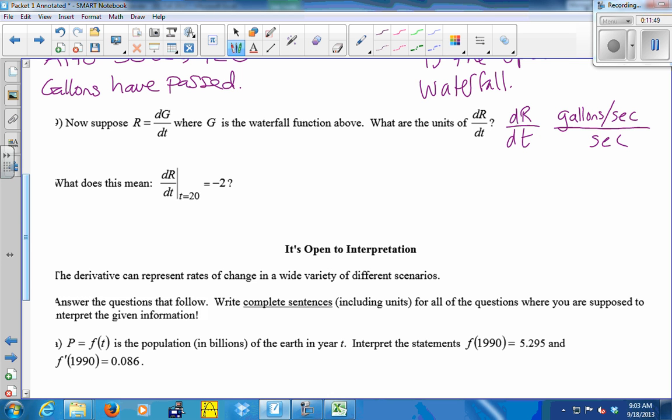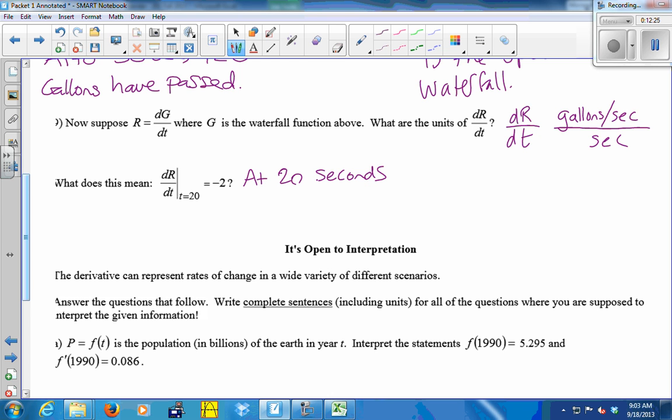Okay, so what does dr dt evaluated at 20 equals -2 mean? At 20 seconds, the speed of the waterfall is decreasing by 2 gallons per second per second.